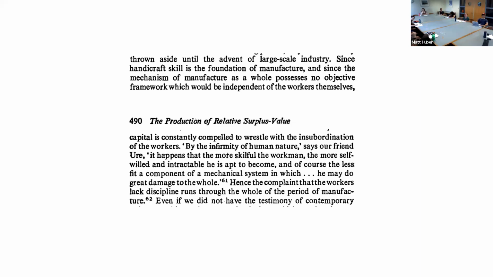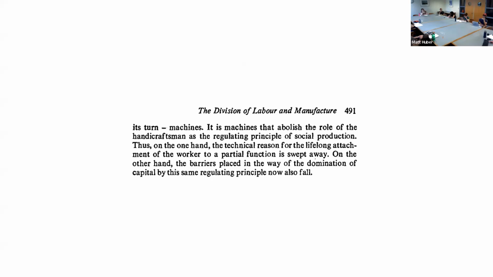So they're vulnerable to these workers. The workers are going to resist, and capital keeps having to deal with these pesky workers. And he says, hence the complaint that the workers lack discipline runs through the whole period of manufacture. So the capitalists are constantly complaining that these damn workers they rely on are so lazy and undisciplined. They don't show up, they don't do what I tell them, blah, blah, blah.